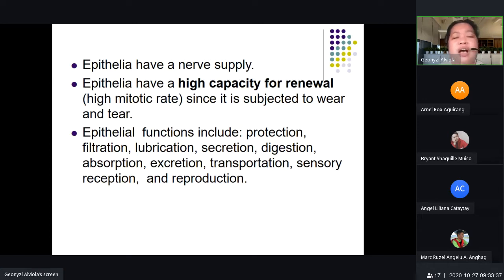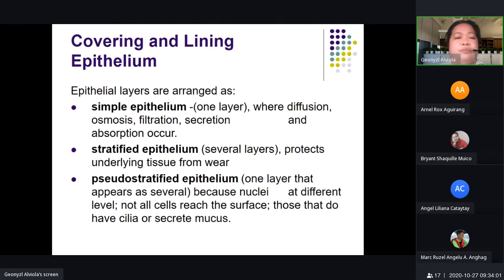Transportation occurs in the lungs, in the alveolar sacs, which allow gas to pass through by diffusion. Sensory reception occurs in our skin, in the first layer. Then, reproduction. So, there are so many functions of epithelial tissue.